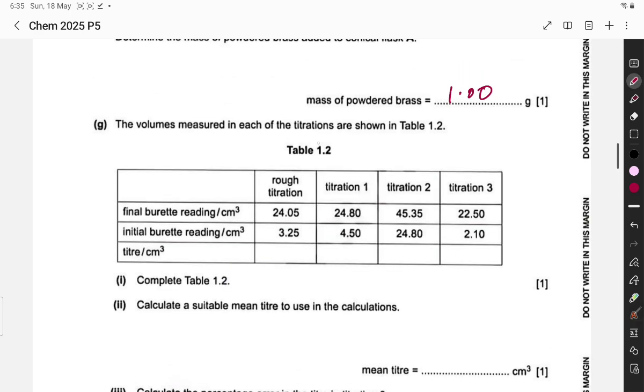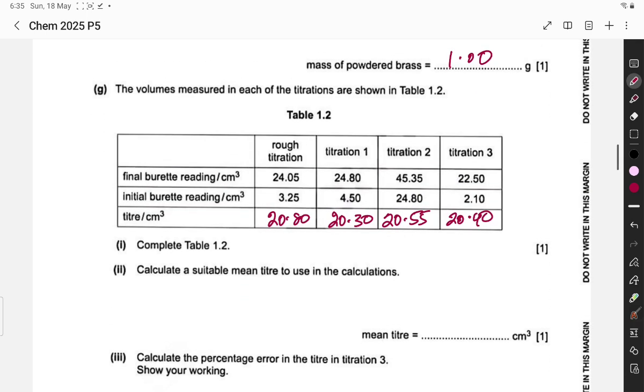The volumes measured in each of the titrations are shown in the table. This is a rough titration, so subtracting the initial from the final, the values are 20.80, 20.30, 20.55 and 20.40. Calculate a suitable mean titre to use in the calculation. We select these two values, 20.30 and 20.40, divided by 2.